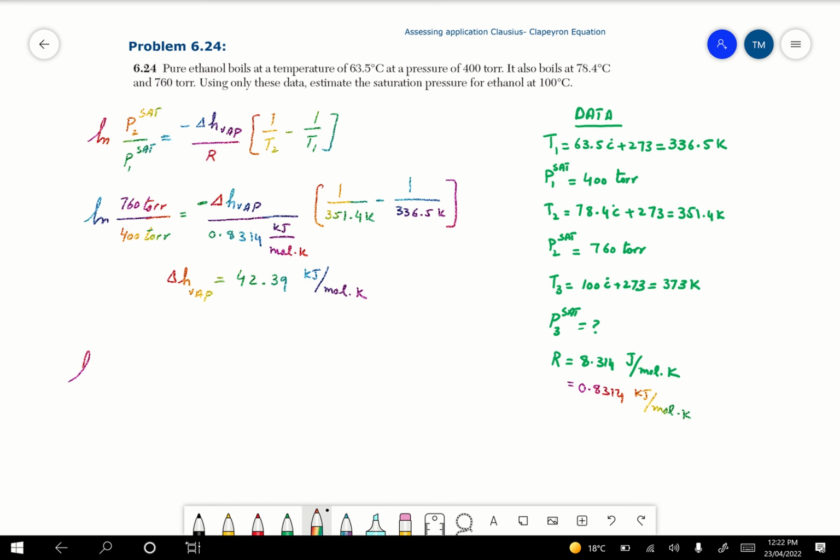So we can apply the same formula again: ln of P3 sat over P2 sat is equal to minus the heat of vaporization divided by R, times 1 over T3 minus 1 over T2, right?